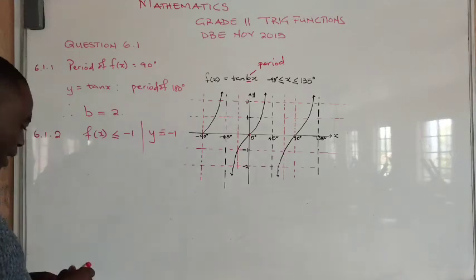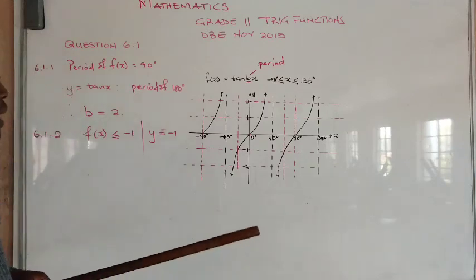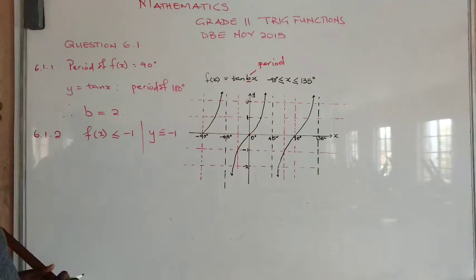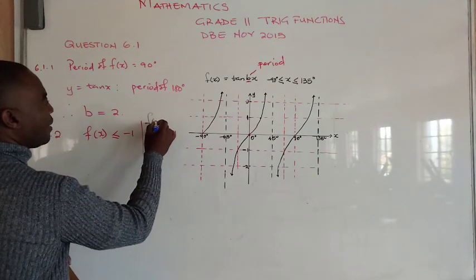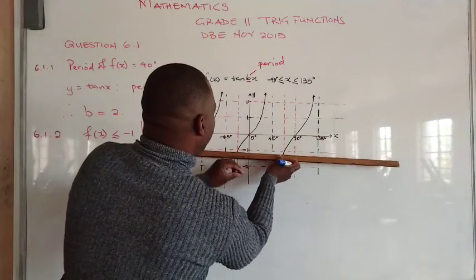So I will use a blue line to show the line y is equal to -1, or f of x is equal to -1. So this is our line.